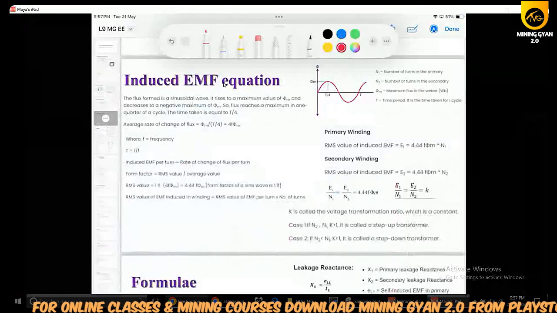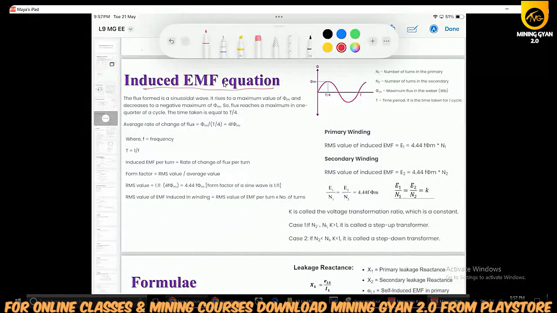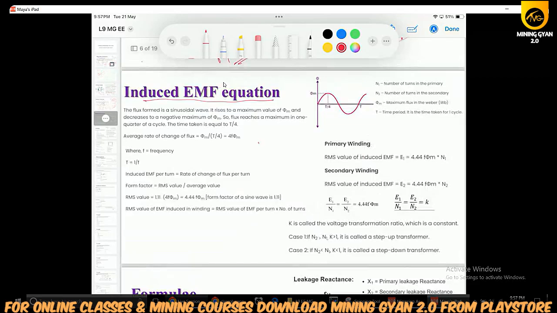Okay, so how to get the EMF equation? You know that E is directly proportional to d phi by dt. After putting this value, and you know that here the flux is alternating type, so obviously it will follow the sine curve.